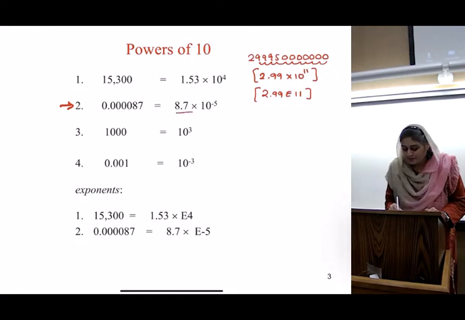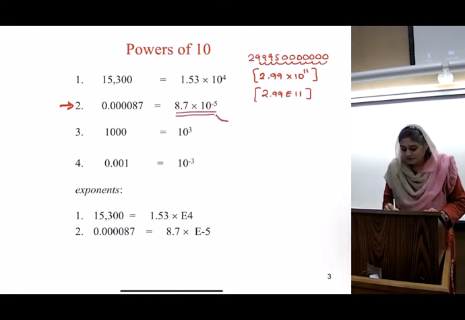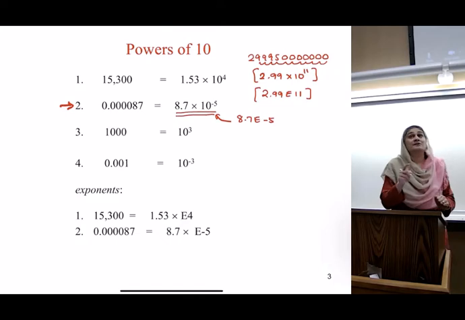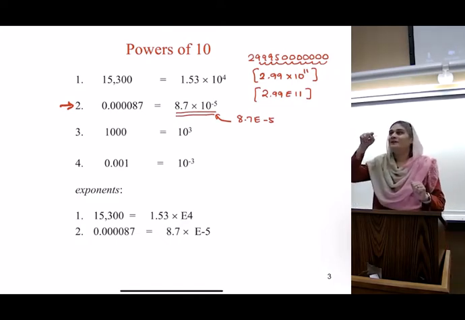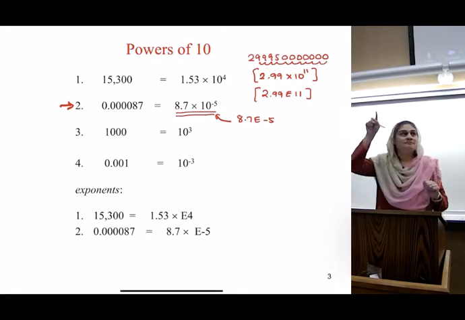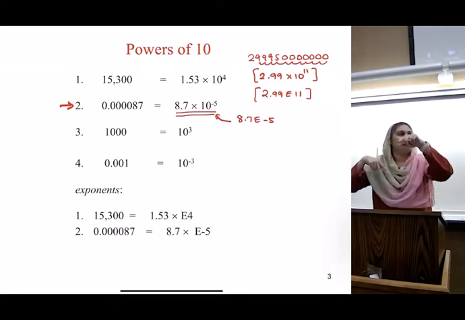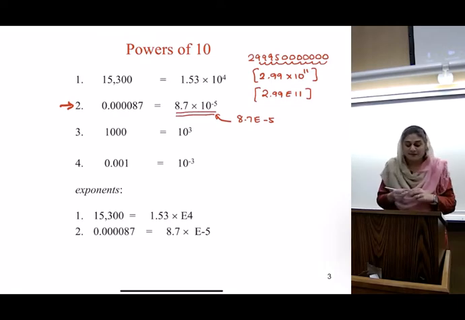This number could be written as that, or even shorter, as e to the minus 5. On some calculators, you don't have a 10 to the power, you have an e. Can you look at your calculator? You'll see an e written there, or double e. That's again the same thing for exponent.